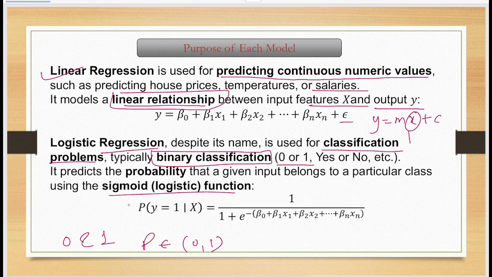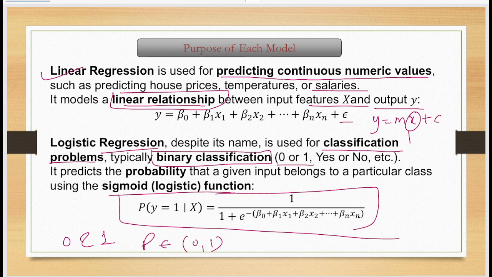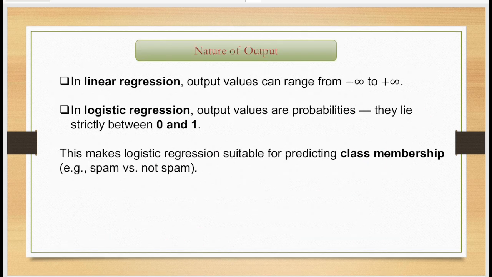And if you see the sigmoid function, the thing to notice is that the power contains some variables and some coefficients.